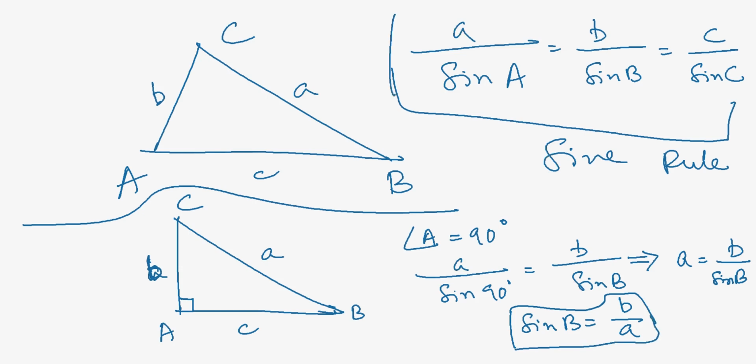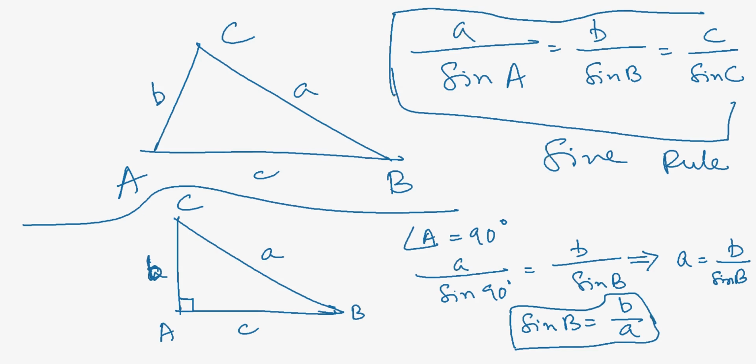So the sine rule is nothing but, we can use any two of them: a by sine A equal to b by sine B, or b by sine B equal to c by sine C, or a by sine A equal to c by sine C. These are all the new trigonometric function definitions for our non-right angle triangle. Do you get that?